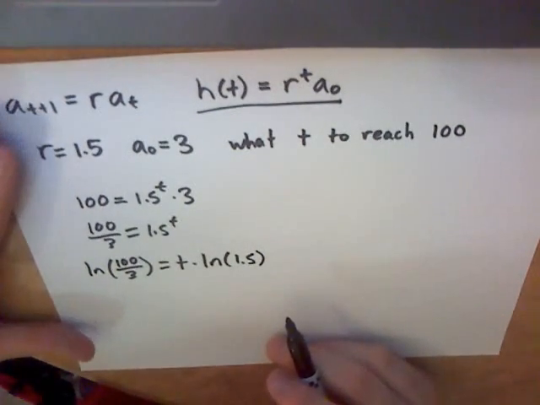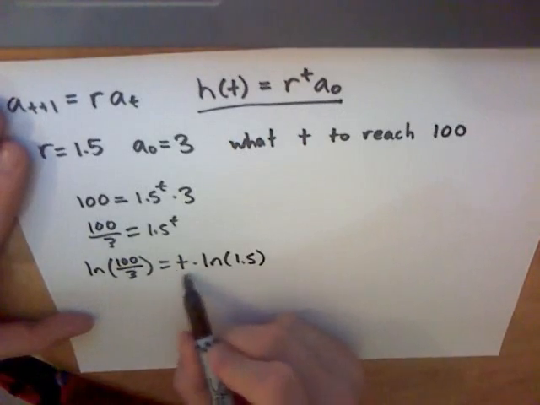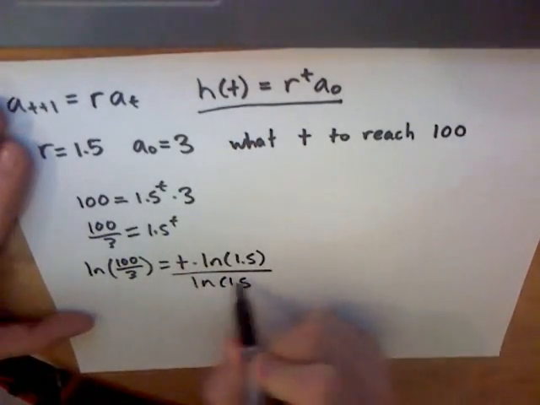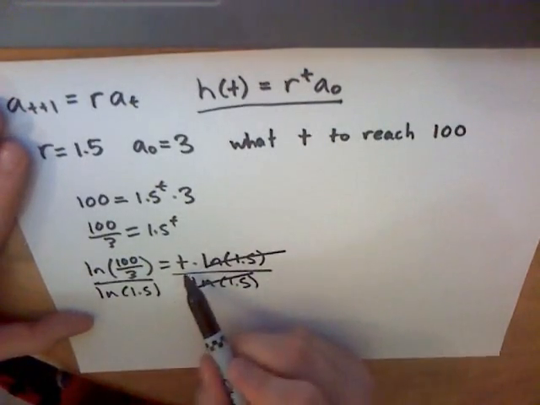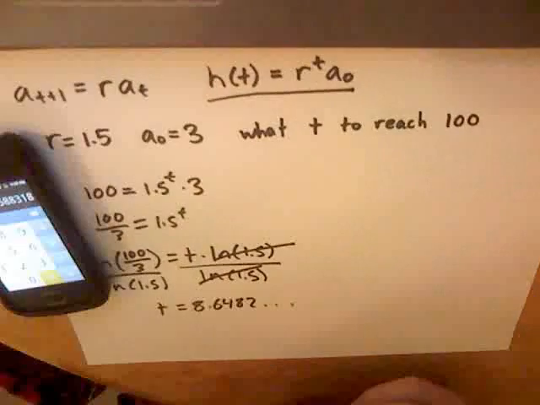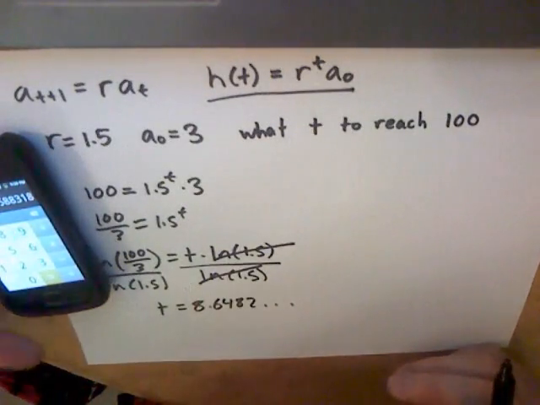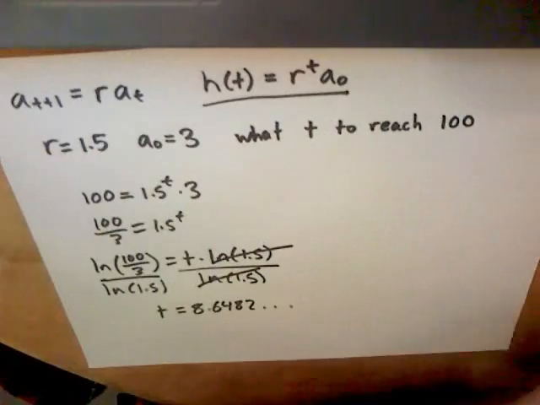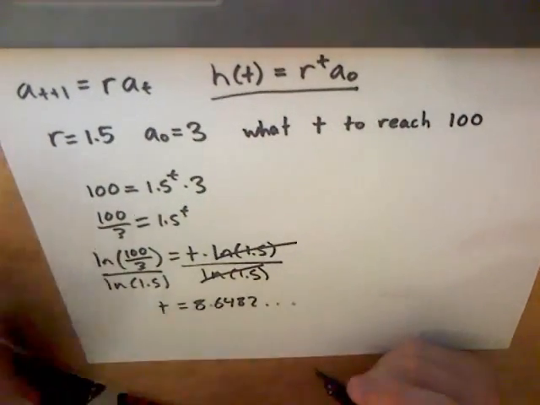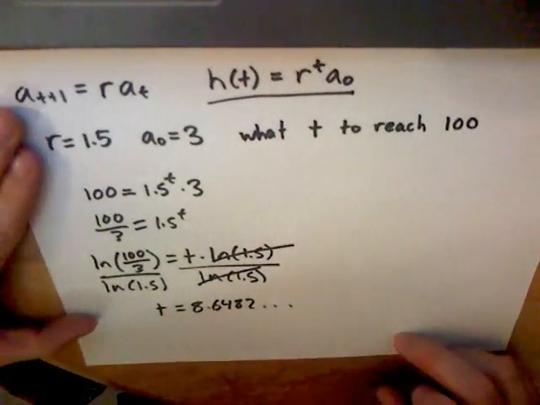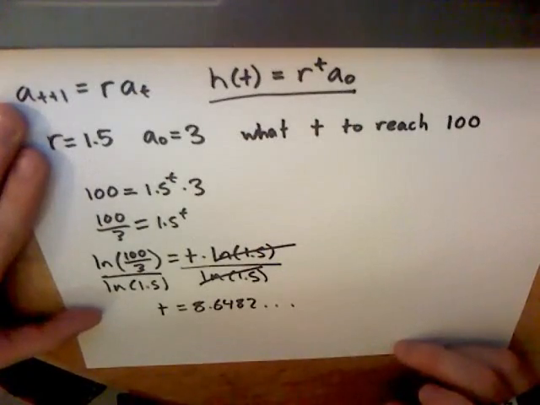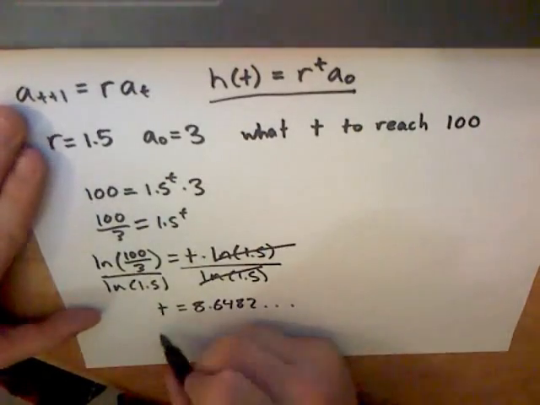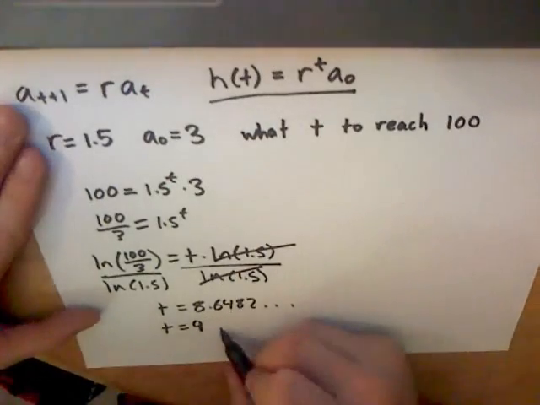Review your ln rules if you're not familiar with them. Then we just divide by ln 1.5. So we get t is equal to this number. When we use our calculator, t is equal to 8.6 and so on. We need to reach 100, and our discrete time dynamical system is only defined for whole numbers. So we take the next whole number: t equal to 9 will suffice.